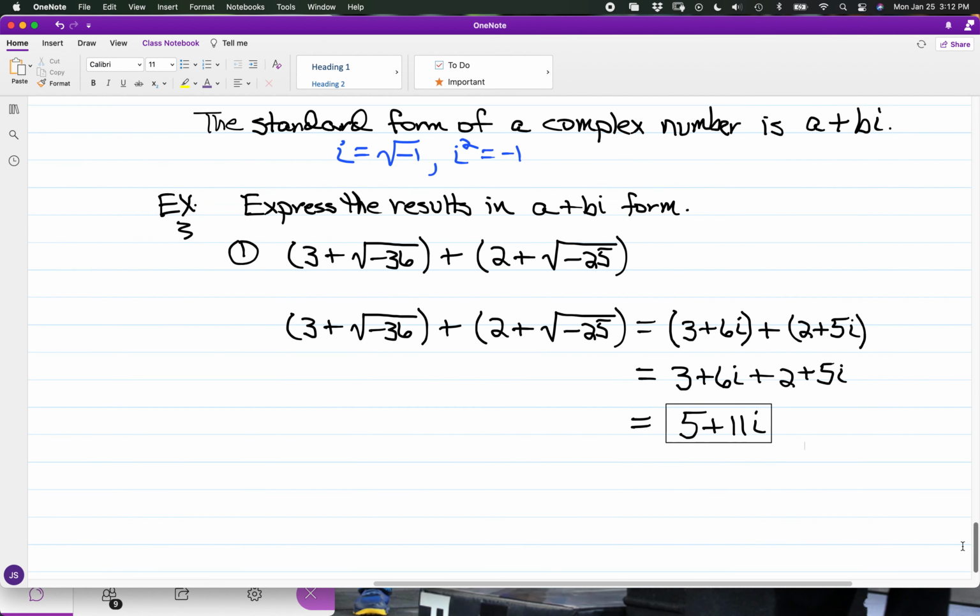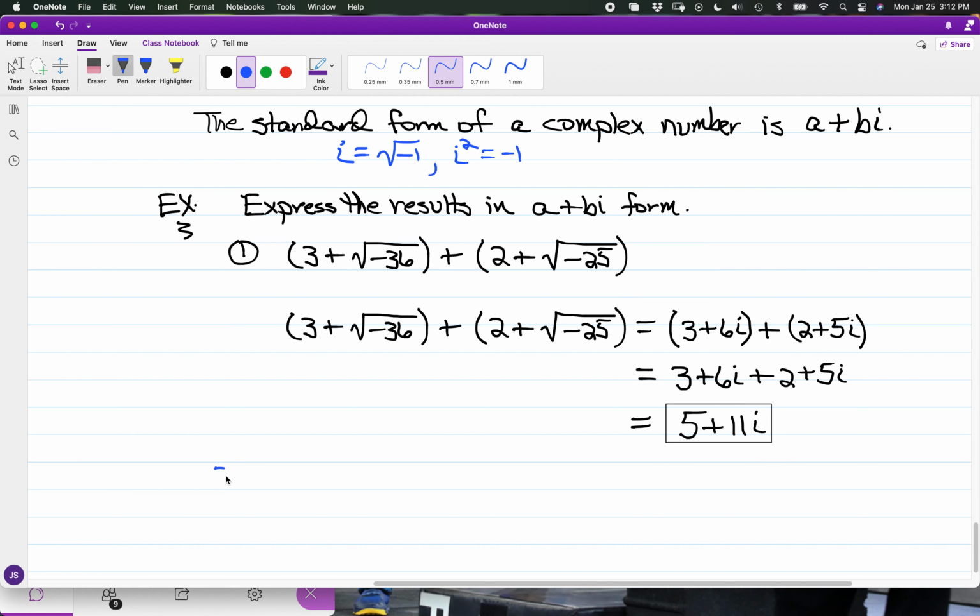Also, if we have, say, the operation of multiplication involved, and we'll say that we have the square of 3 minus 2i.